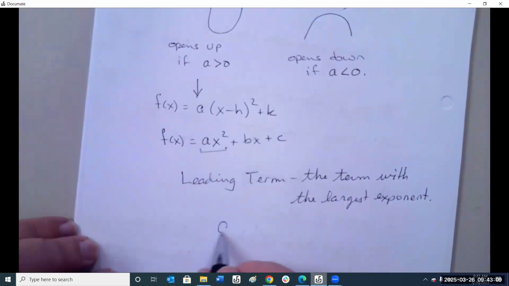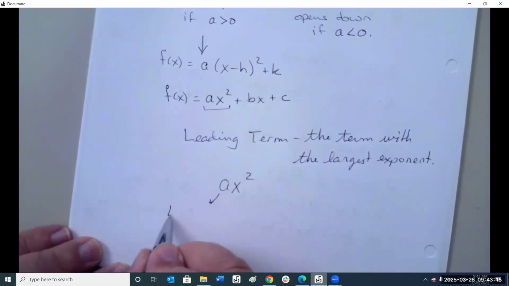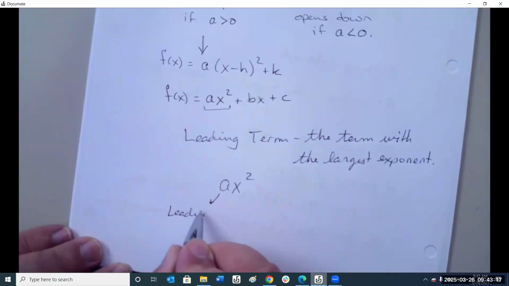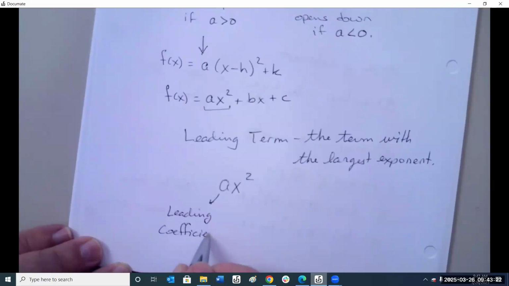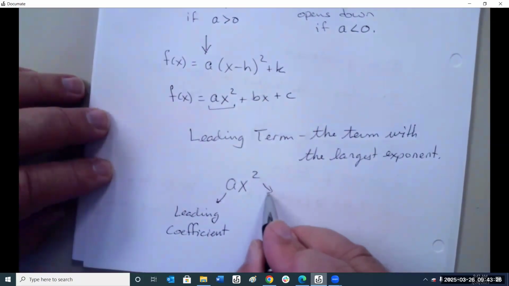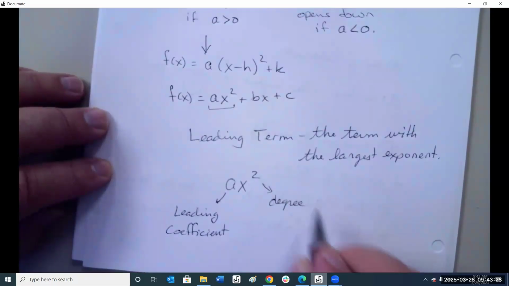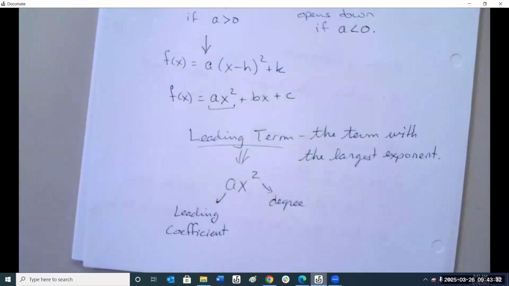So the leading term is made up of these two parts. A is called the leading coefficient, and the 2 is called the degree. The leading term is the one with the A in it.